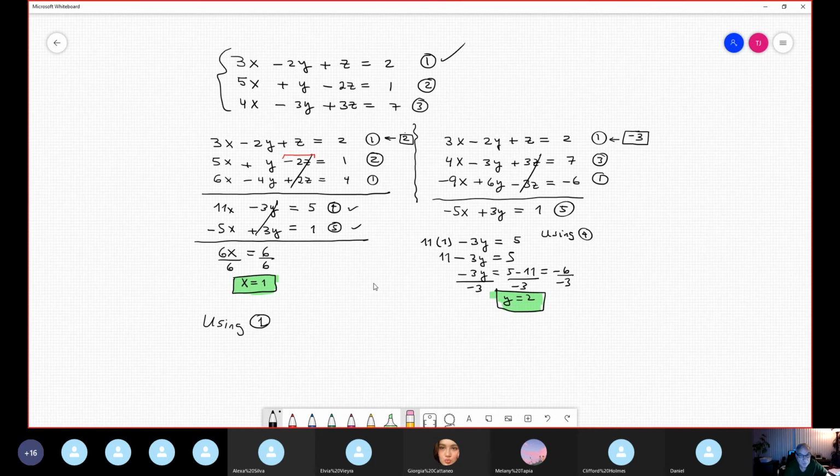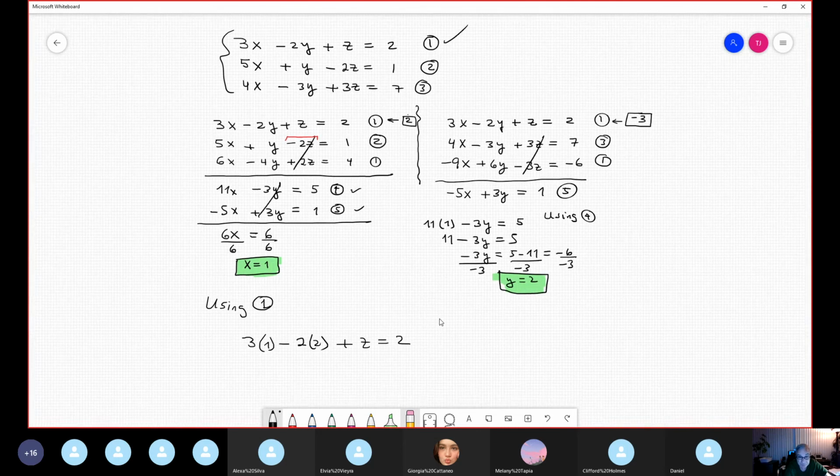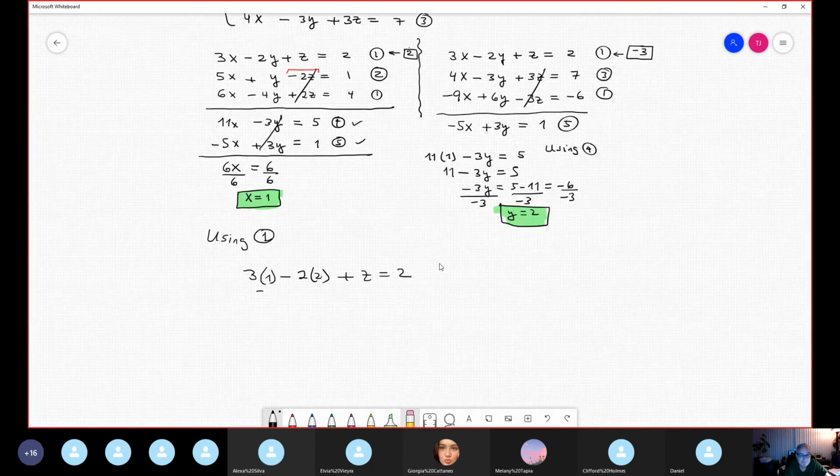So 3x, but I know x is 1, minus 2 times 2, because I know y is 2, plus z equal to 2. 3 times 1 is 3. 2 times 2 is 4, of course, 3 minus 4, plus z equal to 2, -1 plus z equal to 2, sorry. Therefore, z alone is 2 plus 1 is 3.